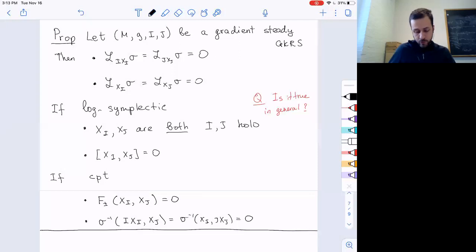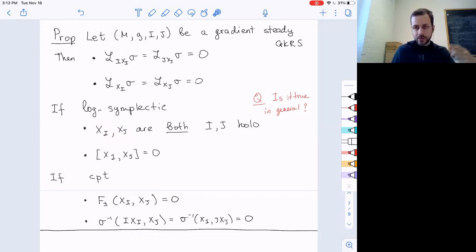So what this proposition shows is that on a log non-degenerate gradient steady soliton, you have two very special vector fields, which both preserve the entire structure. Xi and Xj preserve g, I, and J all together.